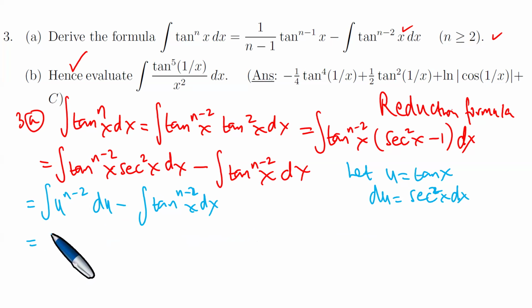By the rules of integration, this is 1 over n minus 2 plus 1, u to the n minus 2 plus 1, and we can add a c, minus the integral.